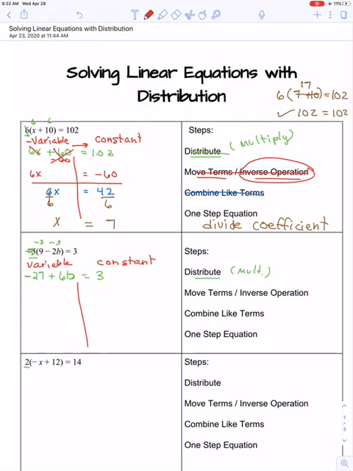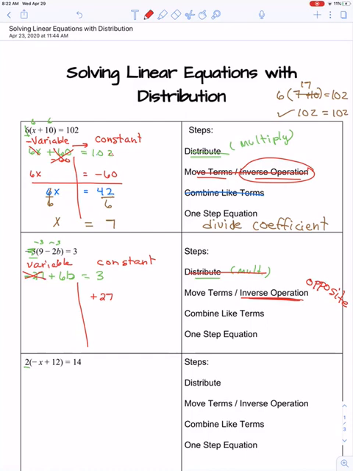All right, so again, go through your left-hand side, where you want just variables. -27 does not have a variable, so I need to move it to the other side. To move it to the other side, we do inverse operations, so opposite. If it starts out as a -27, when it moves, it now becomes a +27.